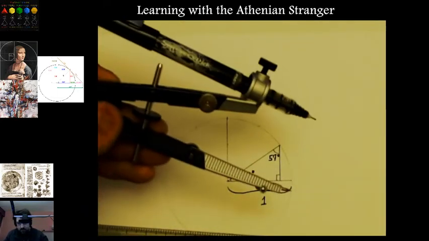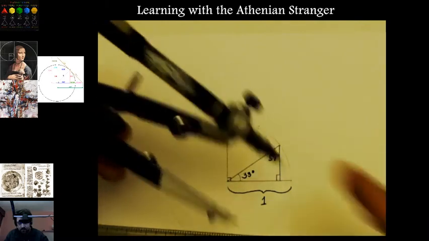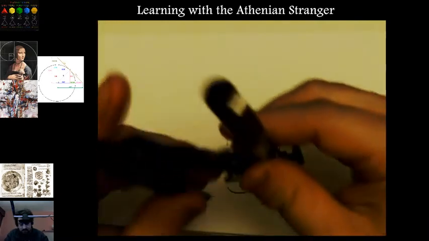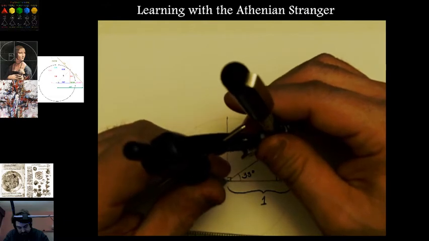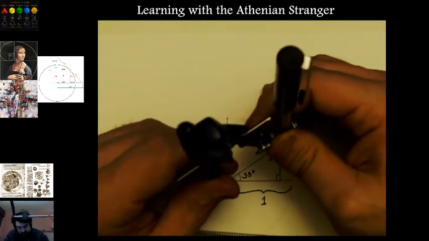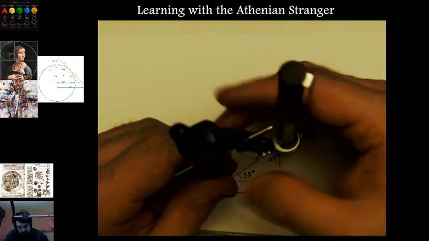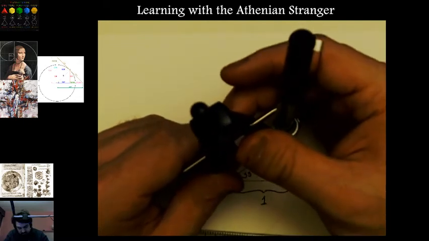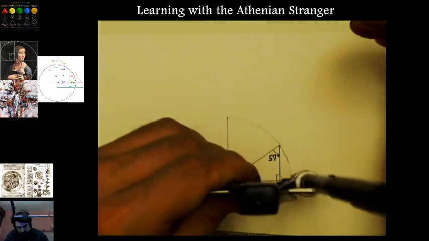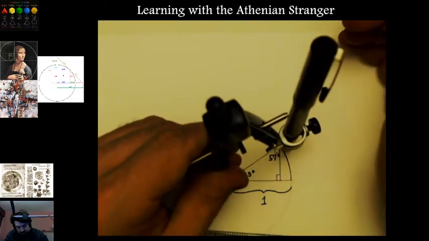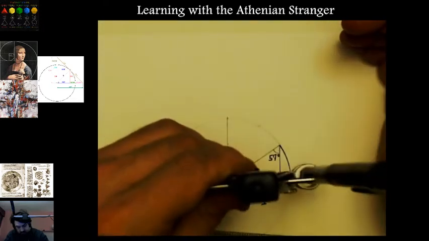I'm going to use my other compass that's got the pen in it and place the pointy end at the origin. And just darken this part of the circle in.